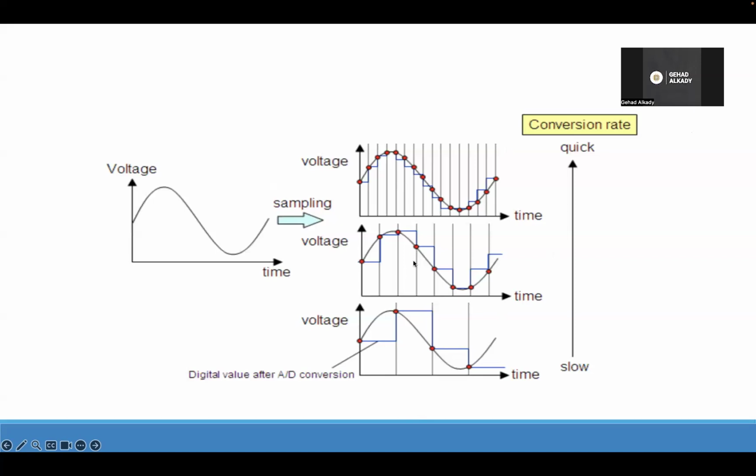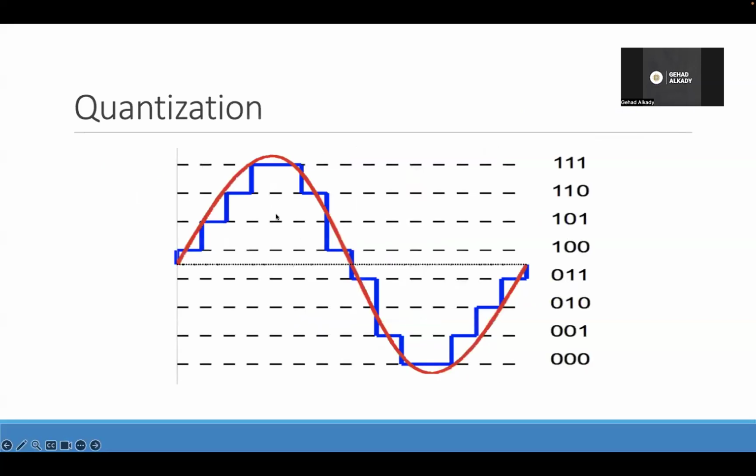And as we go up, the frequency is increasing, or the conversion rate from the analog to digital form is increasing. Then after sampling and making a screenshot of our signal with these discrete values, these squares that you see like this, the analog signal is mapped to the digital form.